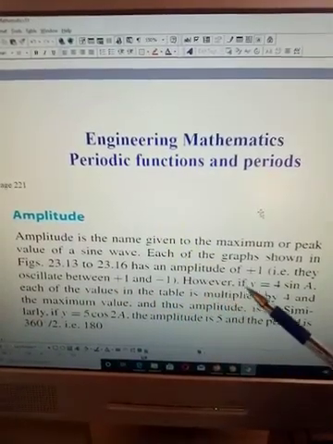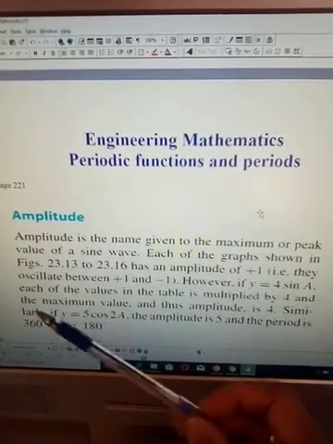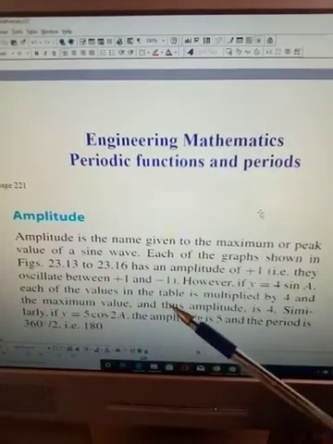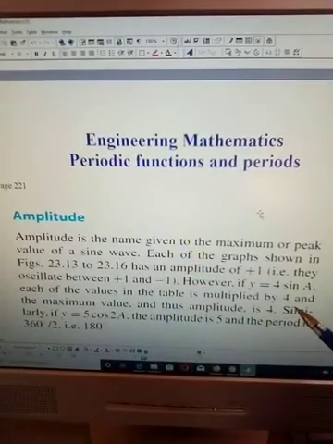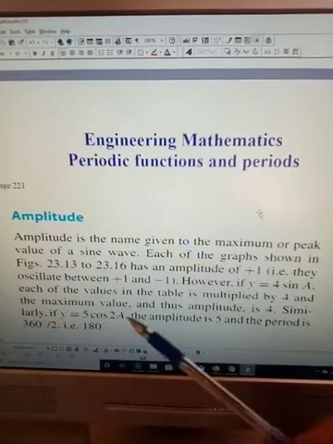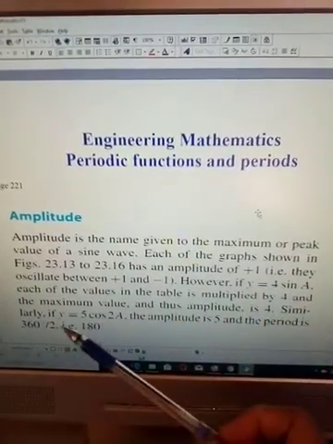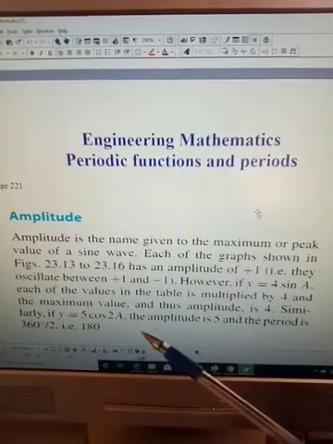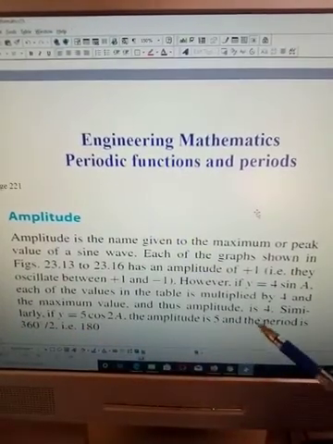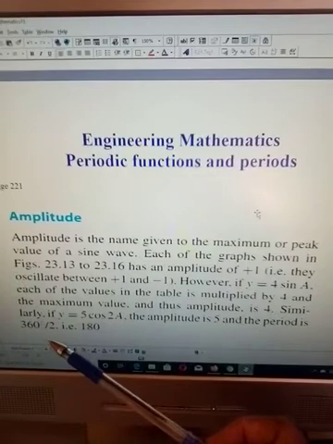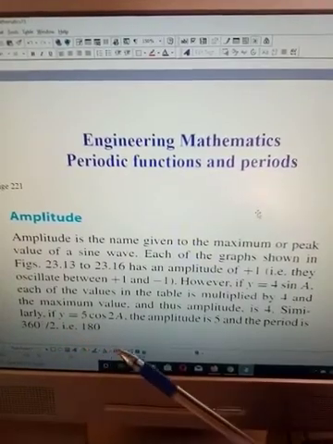However, if y equals 4 sine A, each of the values in the table is multiplied by 4, and the maximum value and thus amplitude is 4. Similarly, if y equals 5 cos 2A, the amplitude is 5, and the period is 360 divided by 2 equals 180 degrees.